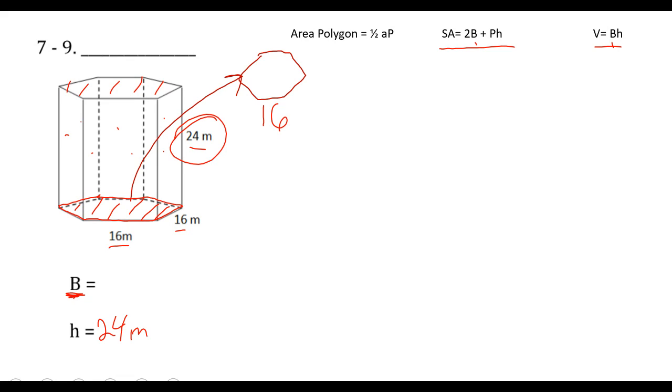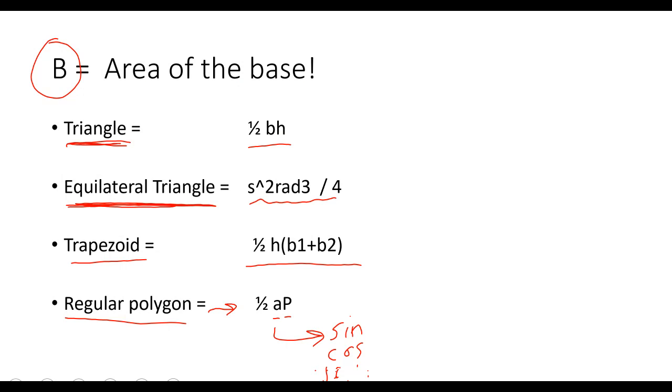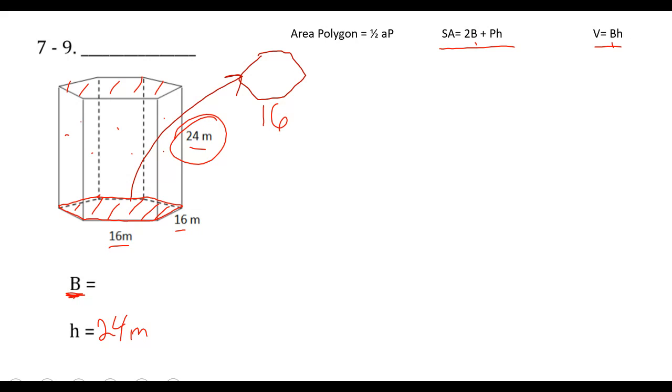In order to find the area of a hexagon, it looks like it's a regular polygon, so we're going to have to use this formula: 1/2 times the apothem times the perimeter. Well, for this problem, we know the perimeter, it's 16 times 6, because each of these sides is 16.